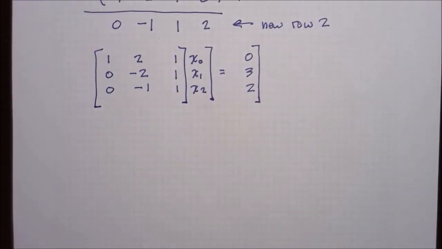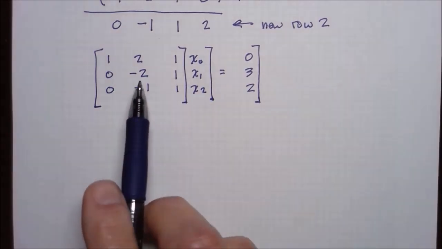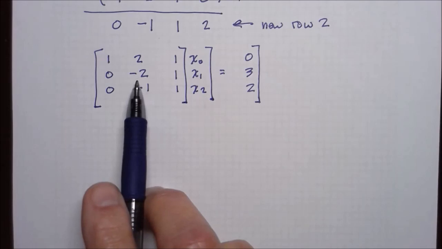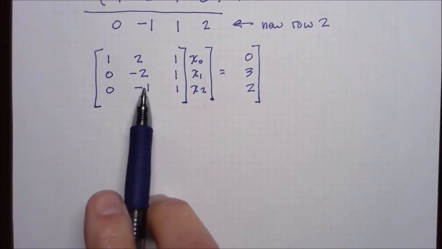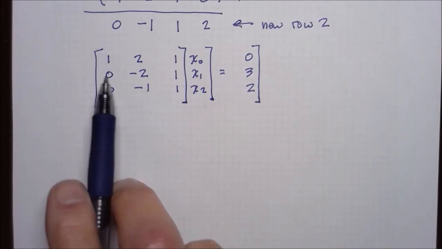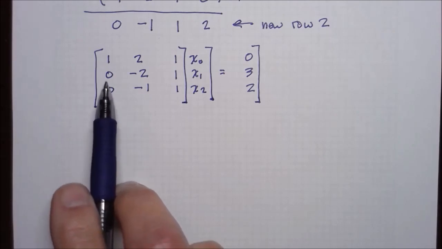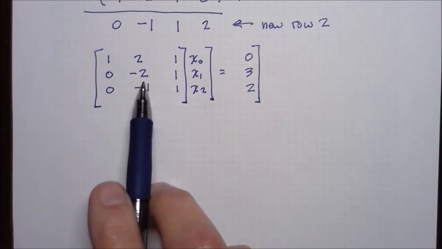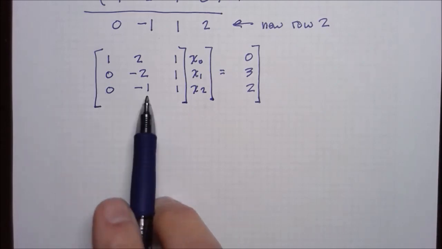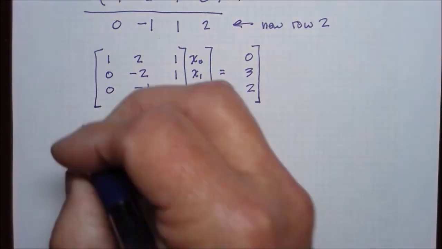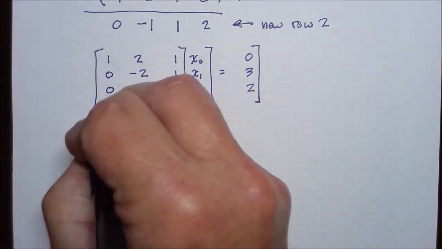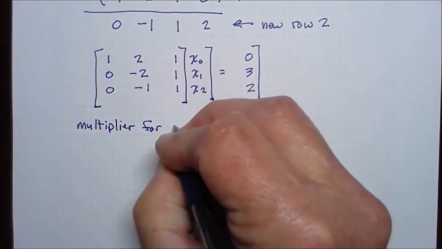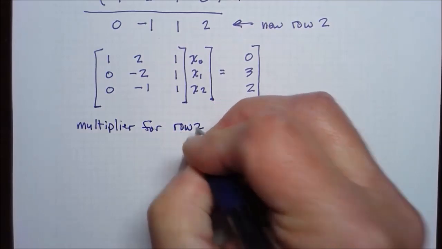Let's do this one more time, but this time I'm going to work on row 2 to get a 0 in column 1. So I'm going to have a multiplier. I want to multiply row 1 and subtract that result from row 2. I need a new multiplier for row 2 again.